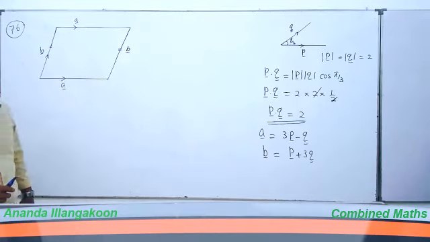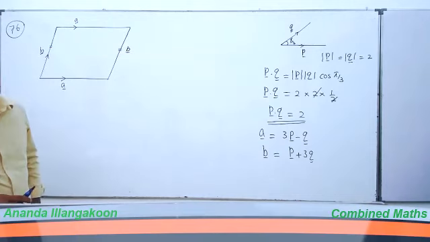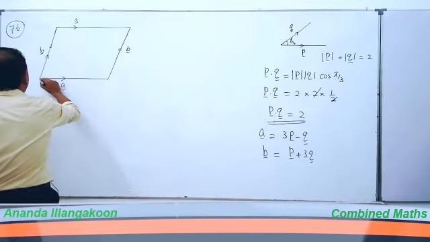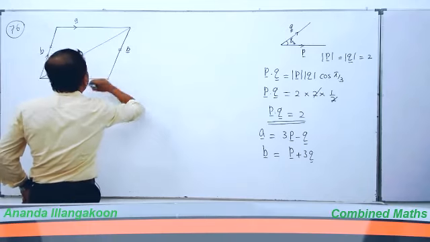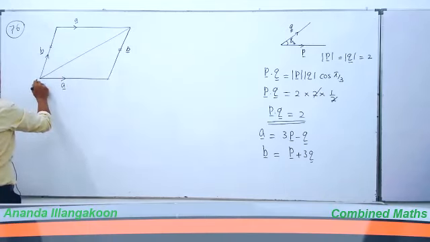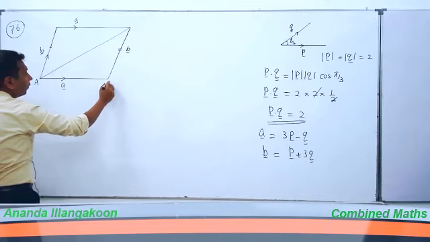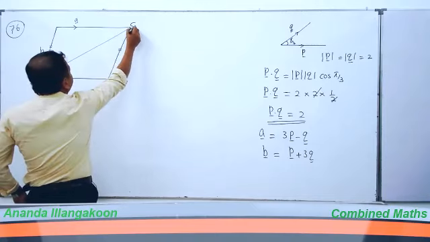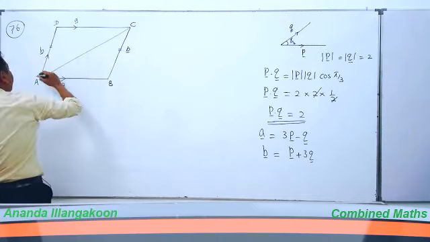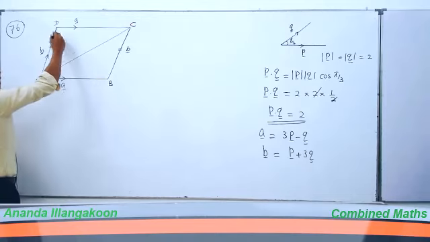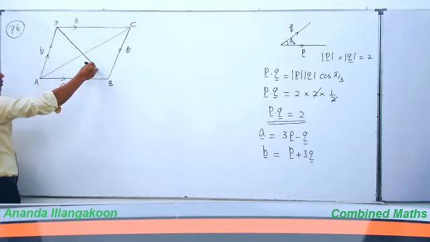Okay? Now what is it asking? Show that the lengths of the diagonals are 4 root 7 and 4 root 3. Length of the diagonal. Well, I'll take this one. If I take this as A, this as B, this as C, this as D, one diagonal is AC. The other diagonal is BD.